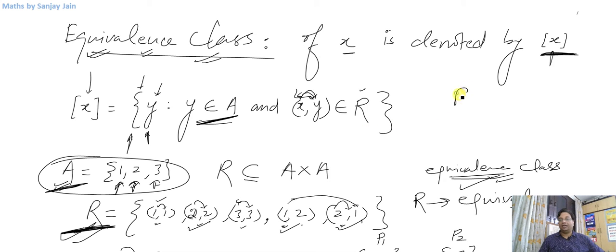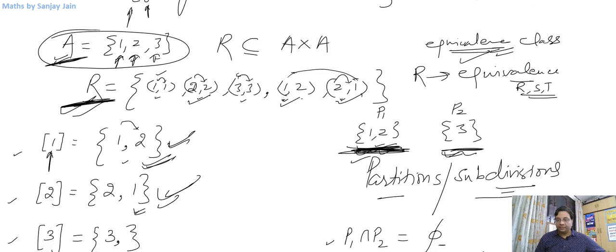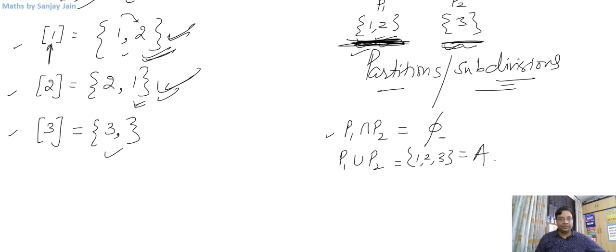And this relation R is definitely an equivalence relation. I hope you have understood this topic, and this is a pretty simple topic. So if the question is asked about this relation that I selected, what is the number of partitions? It is 2, right? It is not 3.